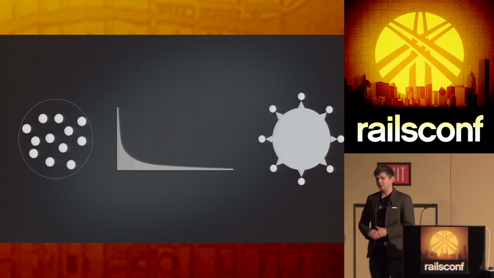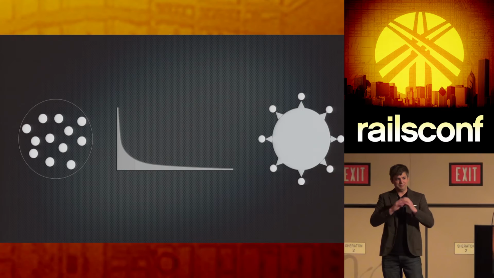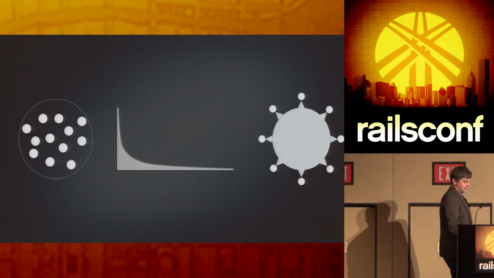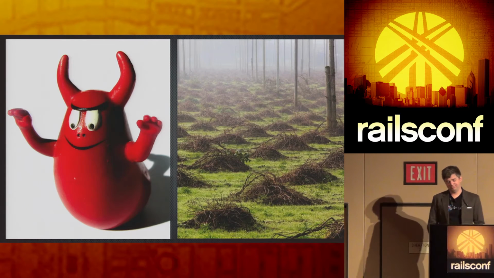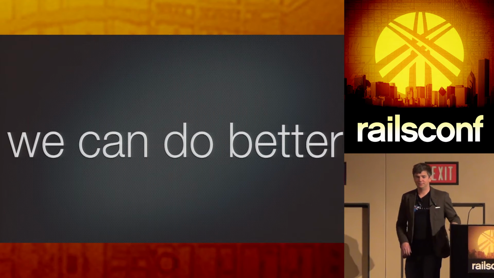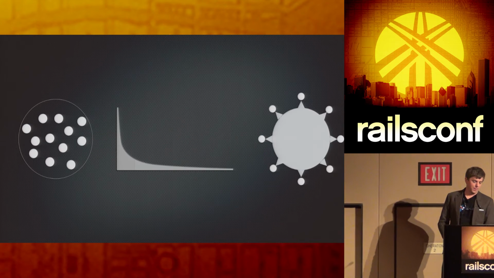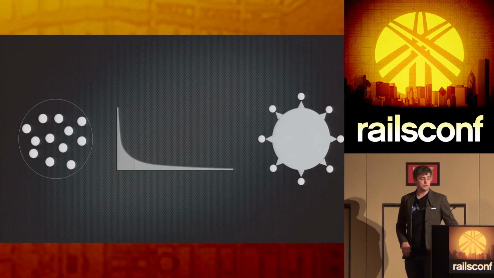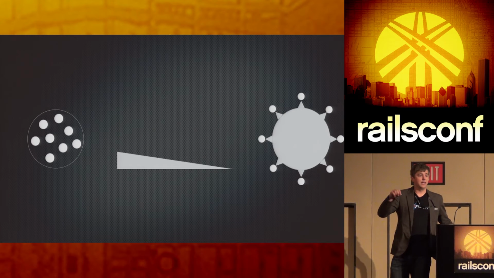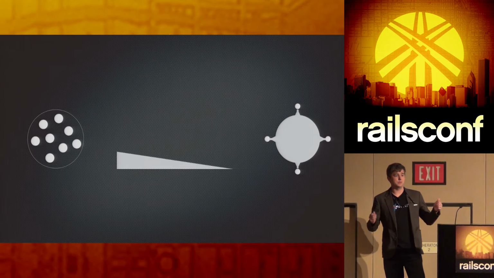And those things then also depend on everything else in the system. I don't know. I think we can do better. We can try to reduce the size of the parts, maybe flatten out that curve, and reduce the number of dependencies in between those parts.